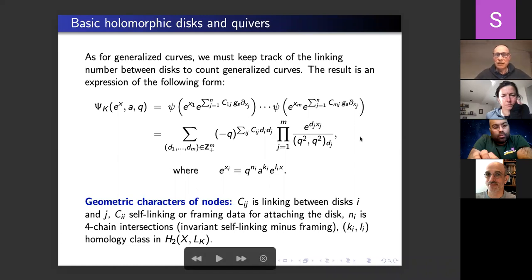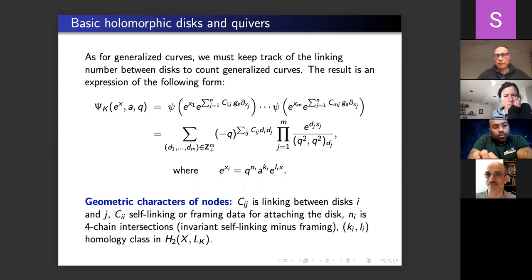And the contribution is this second line in the equation, and that's somehow this quiver partition function. So this product takes all the multiple covers and constants attached, and then the first factor here sees how they link, and that gives us this U1 Chern-Simons contribution, or the contribution in the U1 skein.